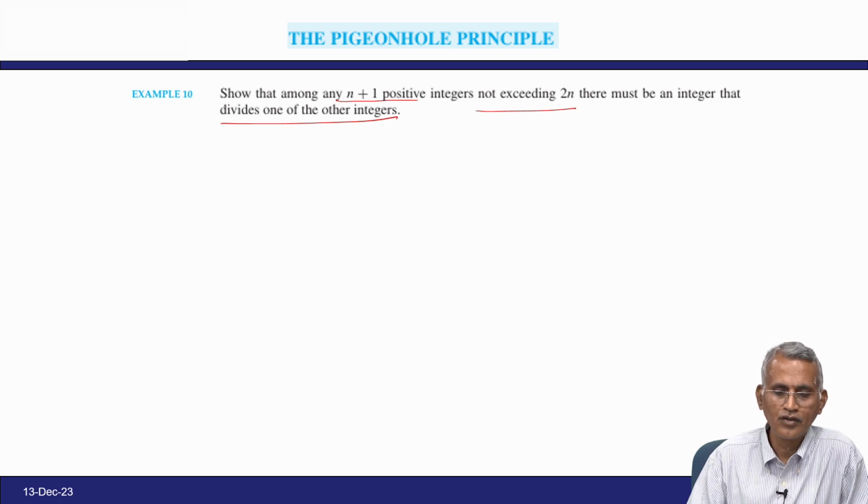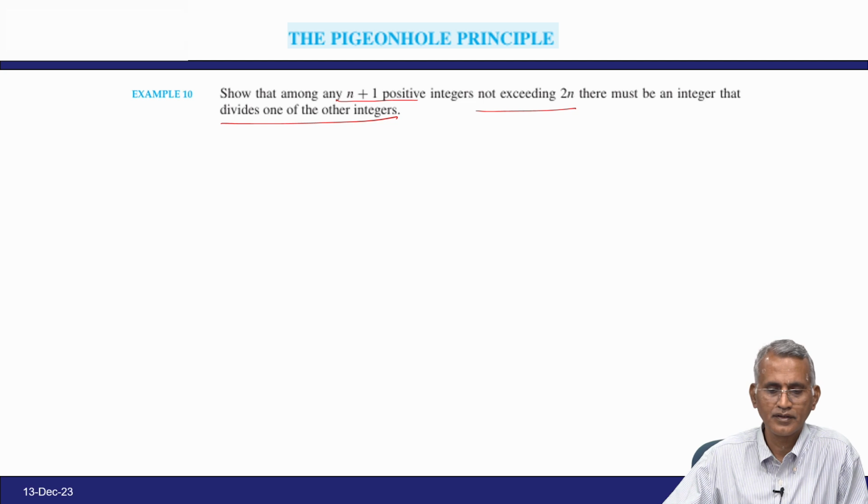We do not know whether n is even or odd, but generally we are given n plus 1 positive integers not exceeding 2n. What we have to show is that there must be an integer that divides one of the other integers.